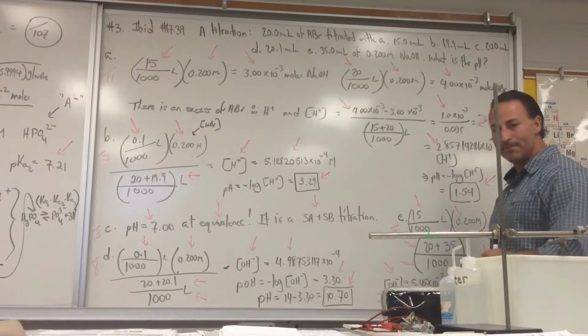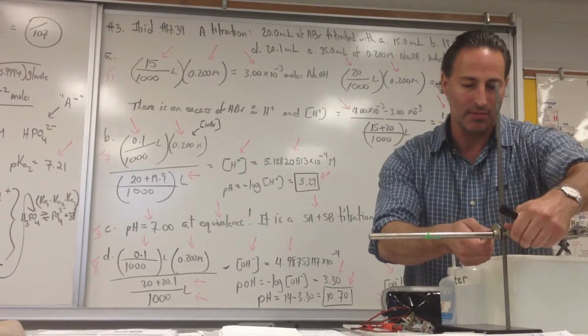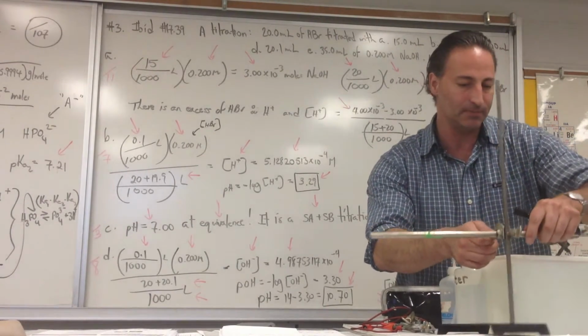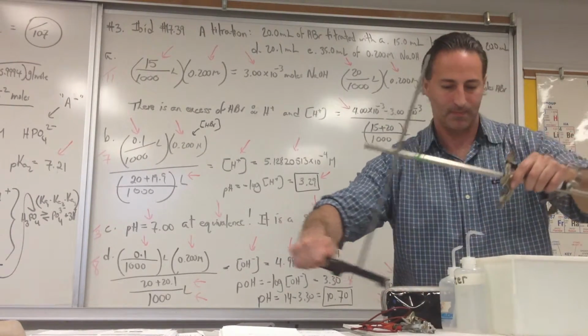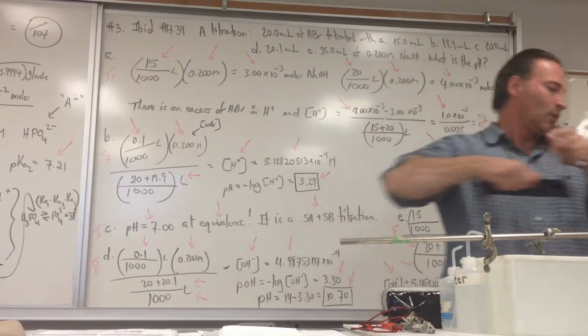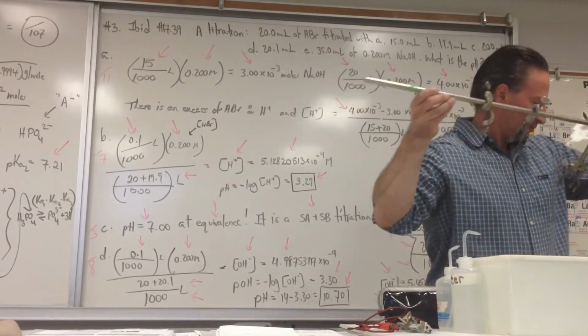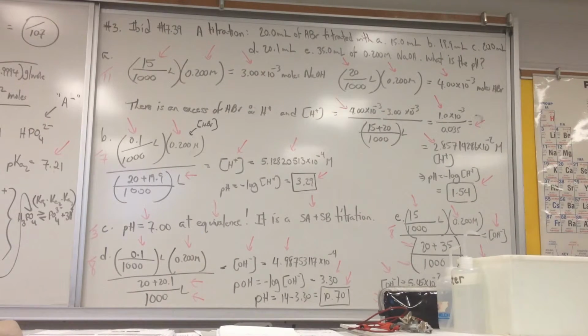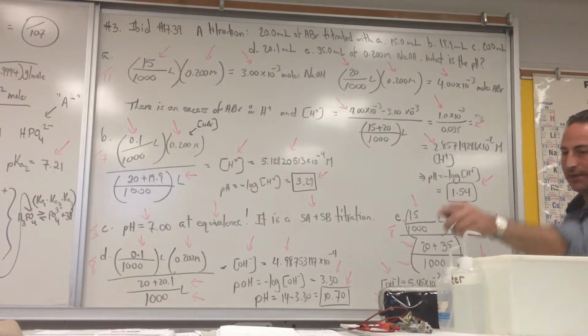In the last one, which is being blocked by this apparatus, let me just take that off for a second. In the last one, we have an excess of sodium hydroxide added.